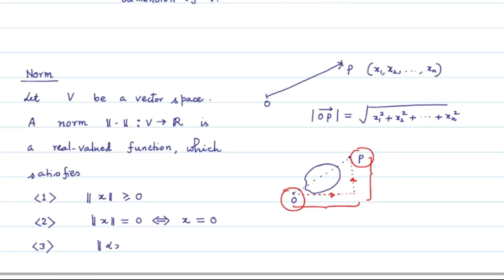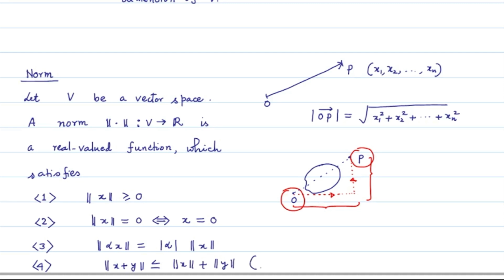Norm of alpha x, for some scalar or real number alpha, is equal to modulus of alpha times norm of x. And norm of x plus y, where x and y are two vectors from capital V, is less than or equal to norm x plus norm y.